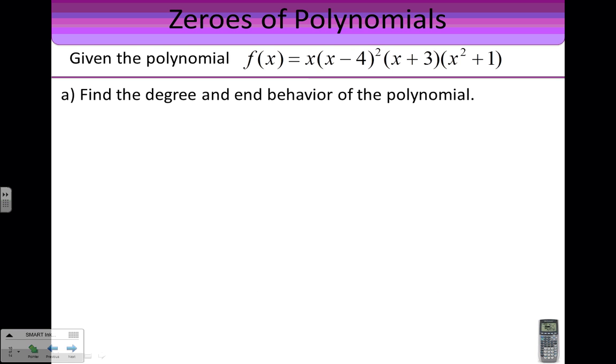All right, the last thing we're going to do is just take everything we just learned and put it all together to graph our function. So the first thing we're going to do, find the degree and the end behavior of the polynomial. We're also going to find the x and y intercepts of the graph.